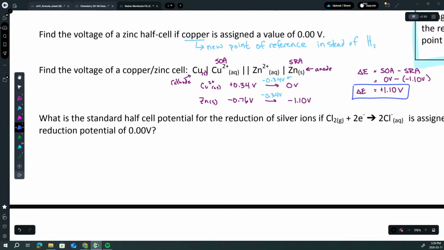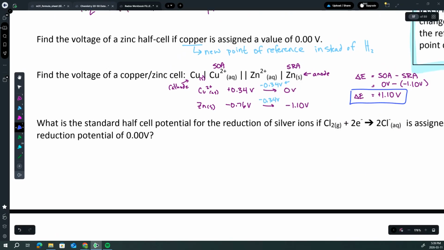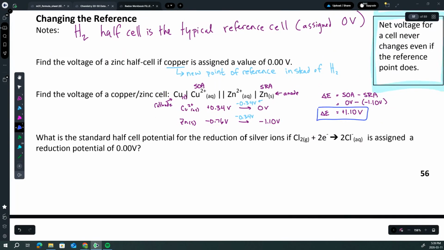Now that we know how to make changes to our reduction electrical potentials when we have a new reference cell, we can move on to this question. What is the standard half cell potential for the reduction of silver ions if this reaction is our new reference cell, or is assigned a reduction potential of 0?